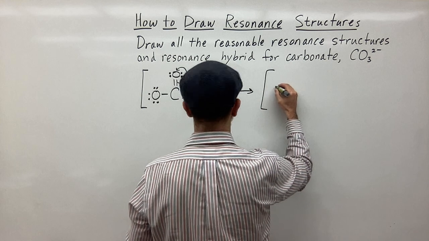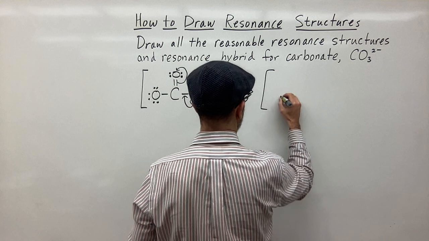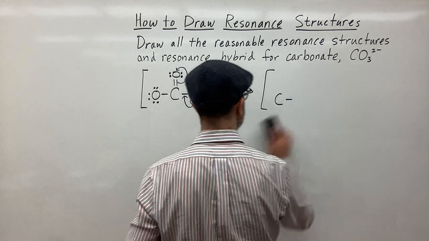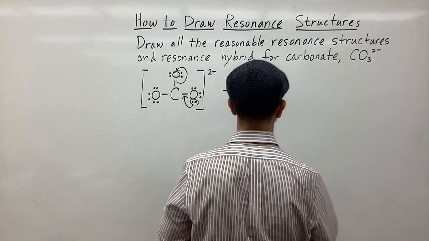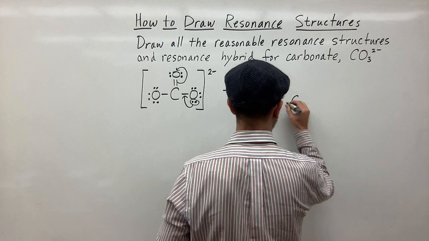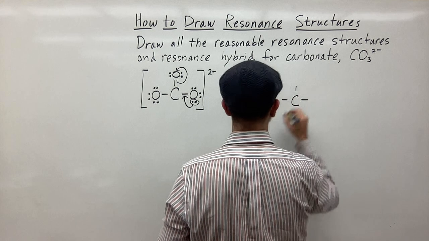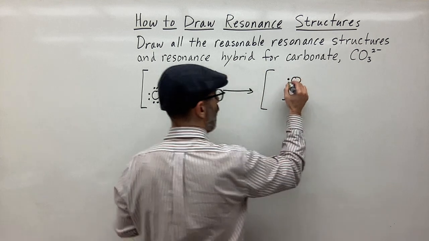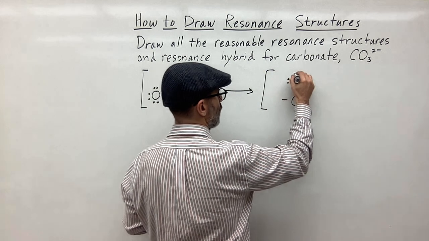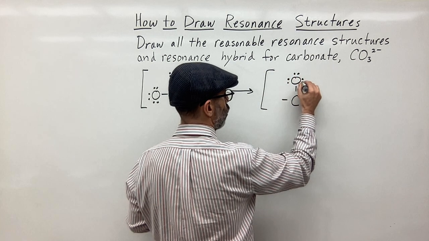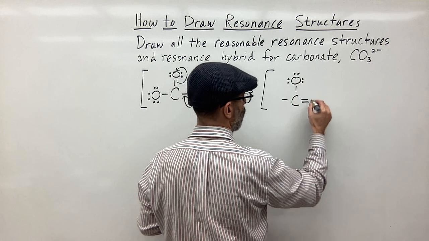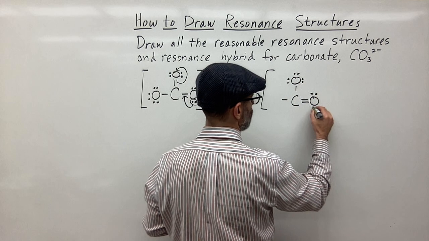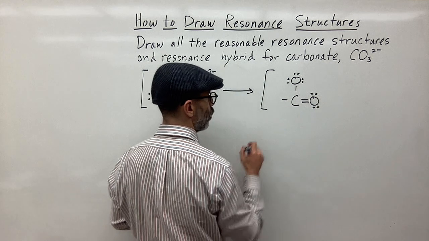Let's see, I want to draw this correctly. So give myself some space. In this case, you're going to have the oxygen on top here with 3 lone pairs and a single bond. And then you have a double bond on the oxygen here with 2 lone pairs.